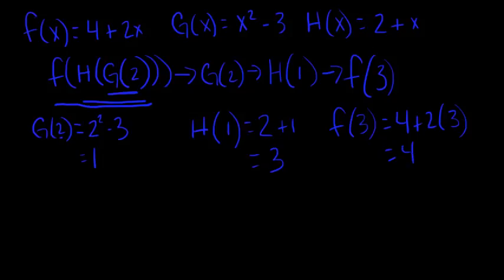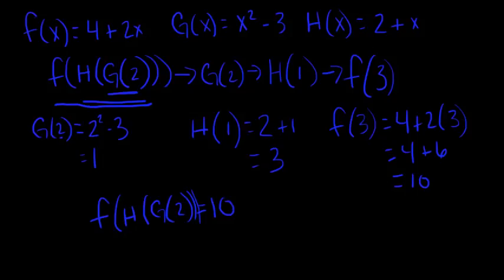So 4 plus 2 times 3 is 6. So 4 plus 6 is 10. So now we know that the f of h of g of 2 equals 10.